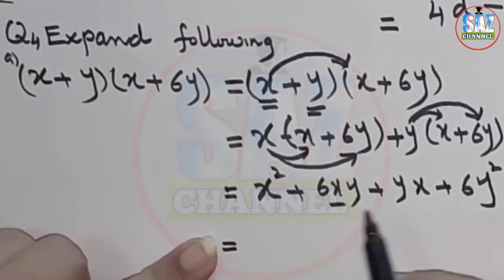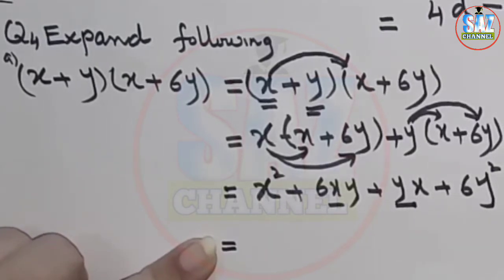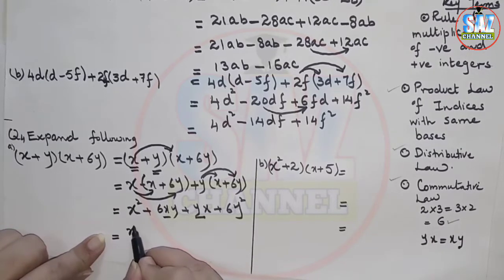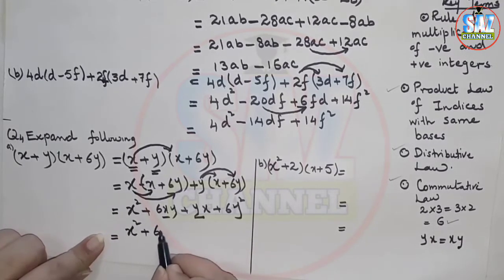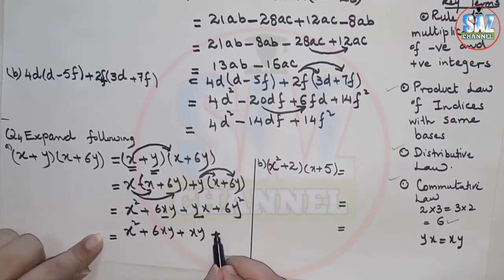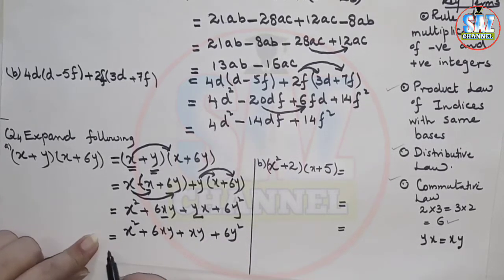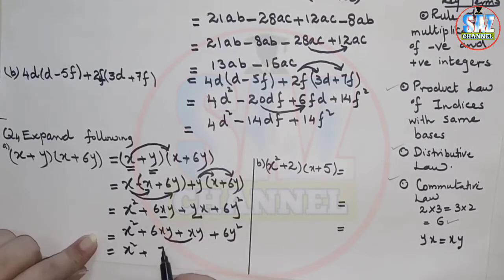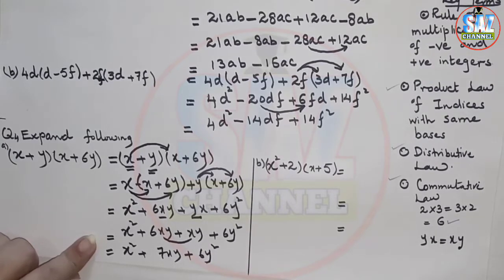Now look, these two are like terms. yx and xy are same. So I can add them up. x square plus 6xy, you can rearrange them if you want, plus 6y square. And this will give me x square plus 7xy plus 6y square.